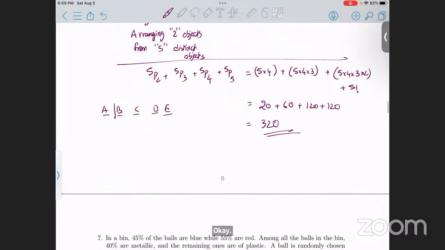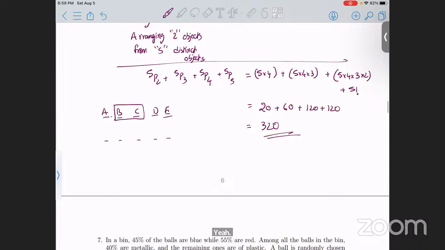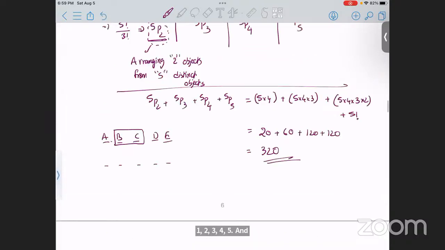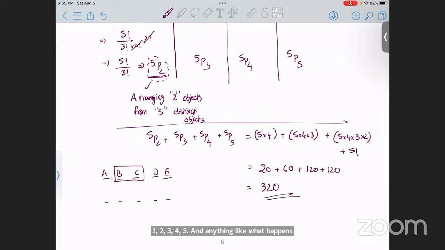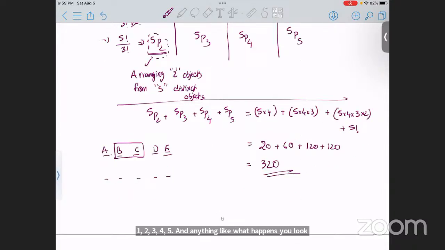If you select these 2, we have to put them in these 5 places, 1, 2, 3, 4, 5. Arranging 2 objects in 5 positions, and we will fix the remaining 3 places with the other remaining letters.